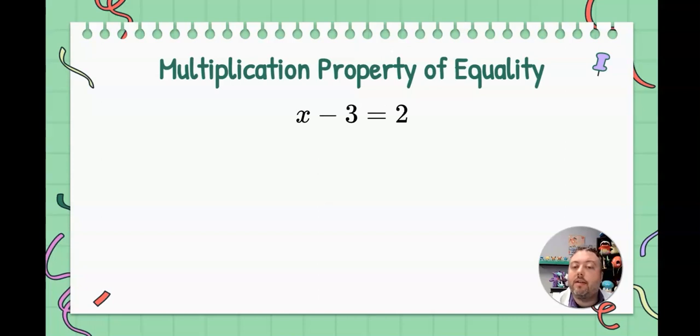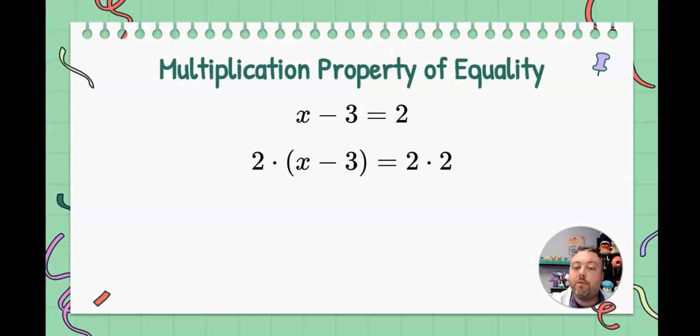Let's look at a different example. What if we don't just have a variable on the left side? What if we have an expression like x minus 3? Well, we're still going to multiply both sides by 2. This time though, we've got to make sure we group x minus 3, that expression, so that we make sure we're multiplying the whole expression by the 2.